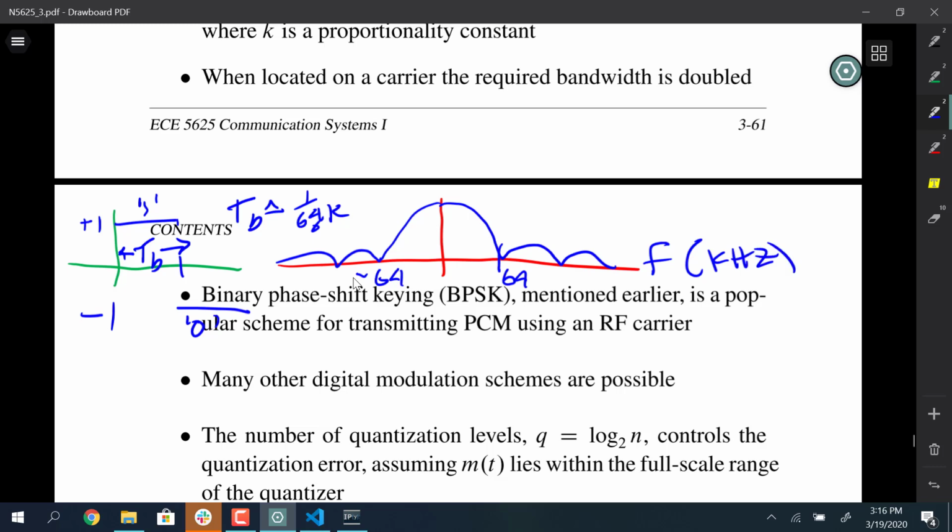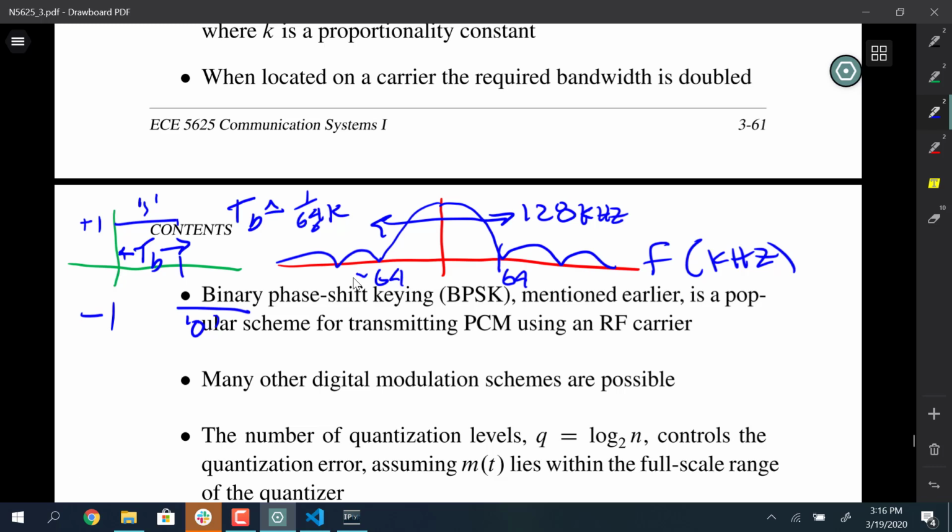So if we say we need to send the main lobe, and remember that was part of that exam question, that main lobe, if we were putting it up on a carrier, would make the total main lobe width be double. So it would be 128 kilohertz.